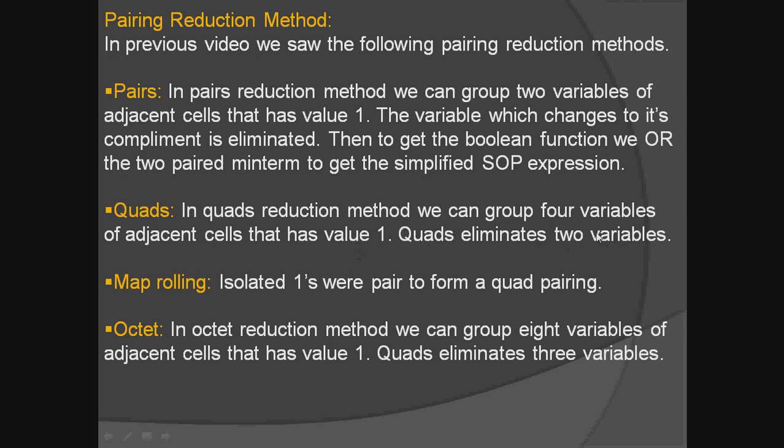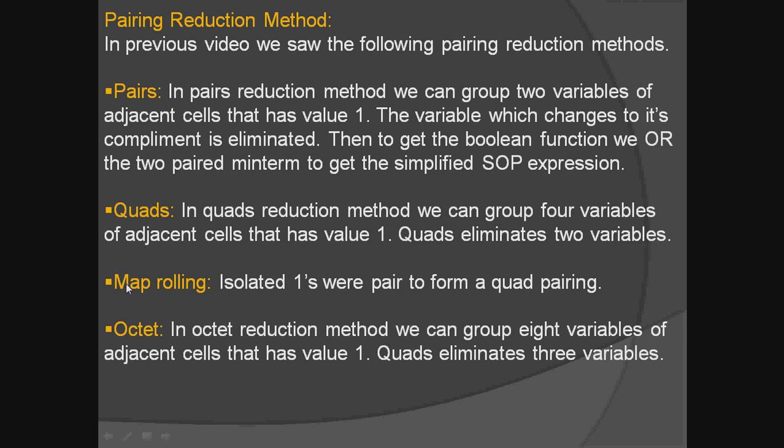So out of four variables, two variables will be eliminated. That reduces the SOP expression, and also reduces the complexity of designing the logic gate circuits. So the designing of the circuits becomes minimized, and it uses fewer logic gates.